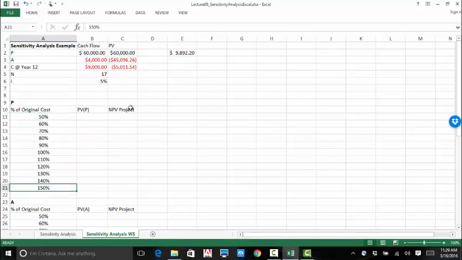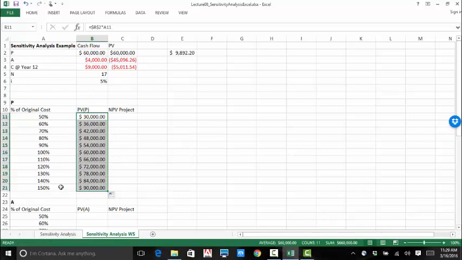What is the net present value if it's equal to 150% of the original cost? Since this is at year 0, we don't need to count it back. So we got that times that. Let's get our dollar operator in there. And obviously half of $60,000 is $30,000.